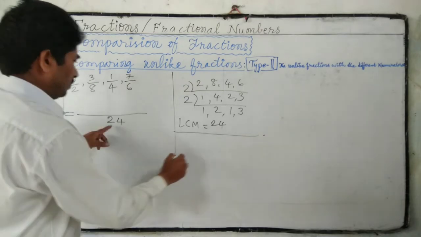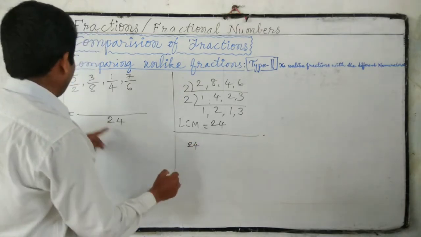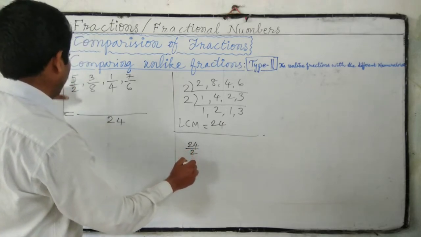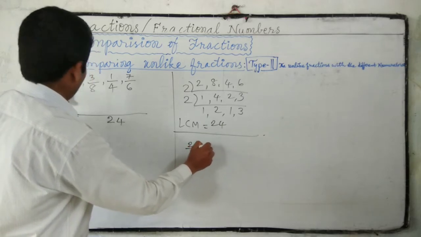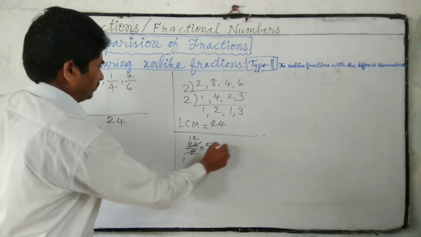Now divide this denominator 24 by the denominator of the first fraction and multiply with this numerator. 2 1s, 2 1s, 2 2s, 12 5 is 60.